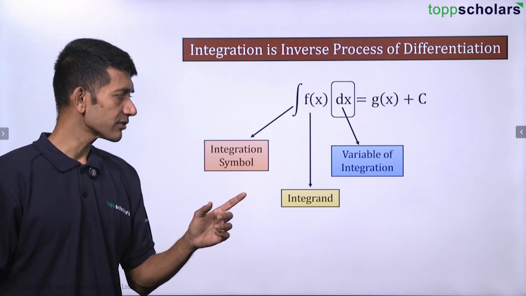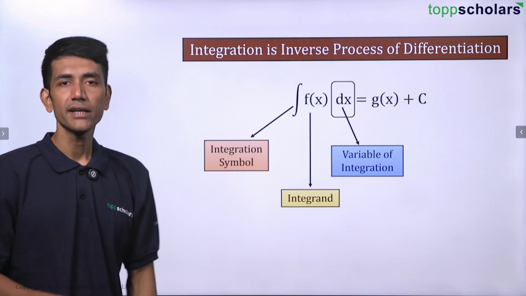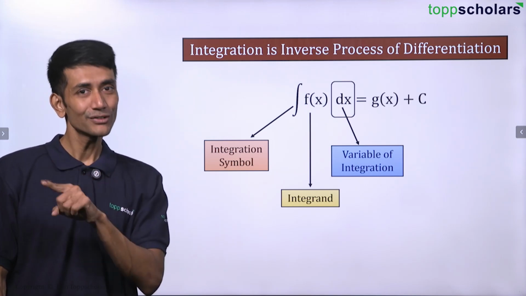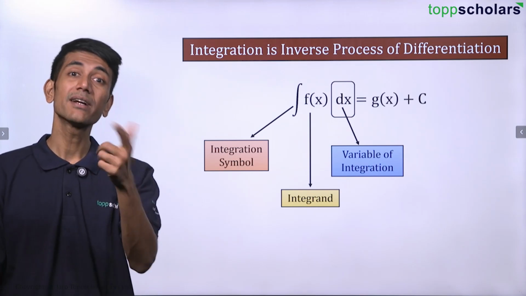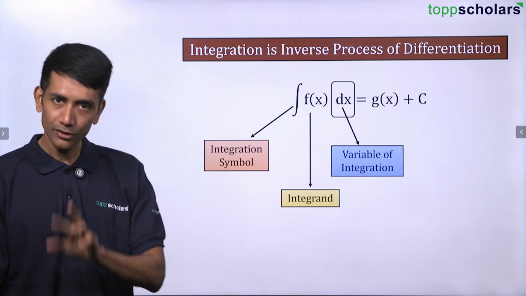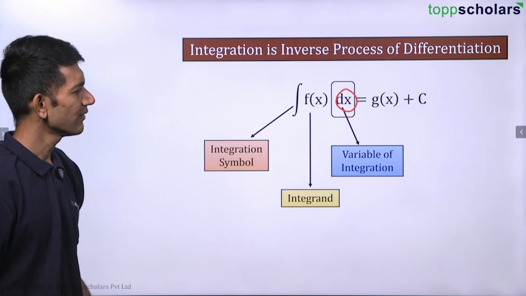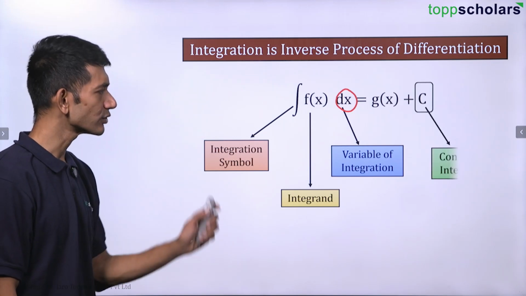So the variable of integration is very important because if I take, suppose, 3z dx, that z is not the variable because dx we have written. So 3z will be considered as a constant there. So that completely depends on this, which is some function gx plus c, right? C is the constant of integration. Okay.